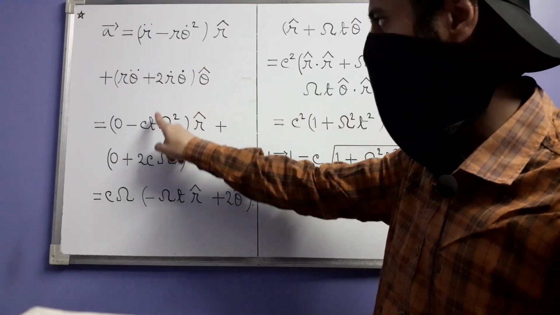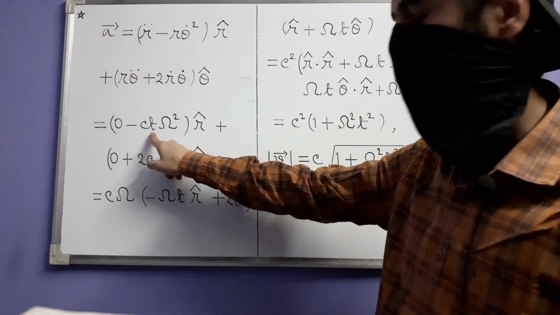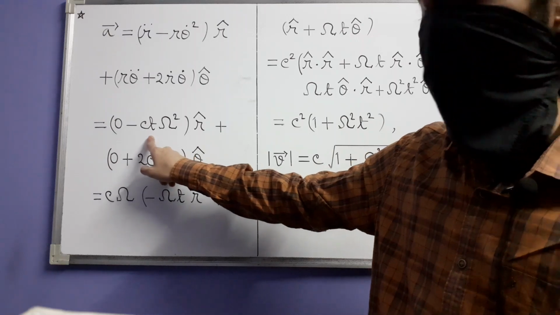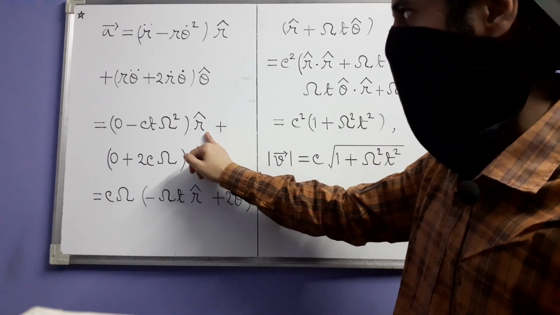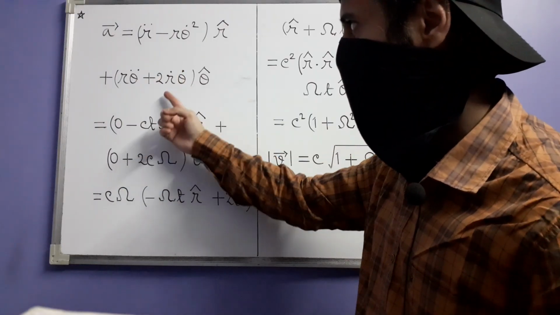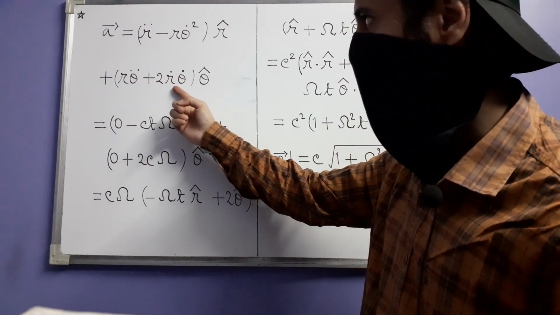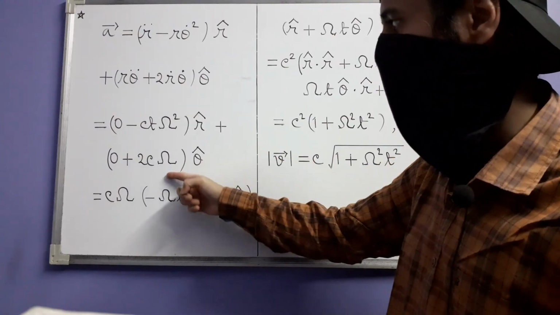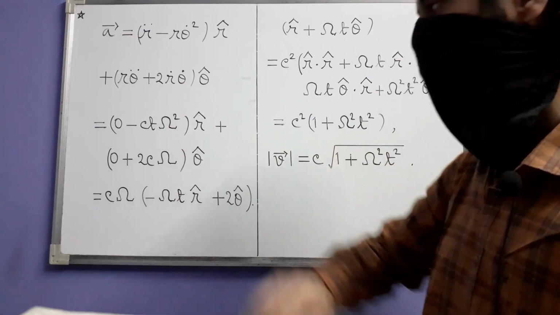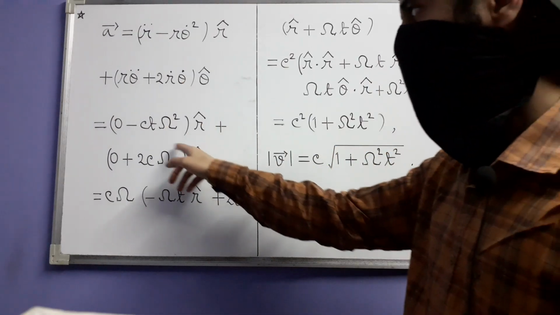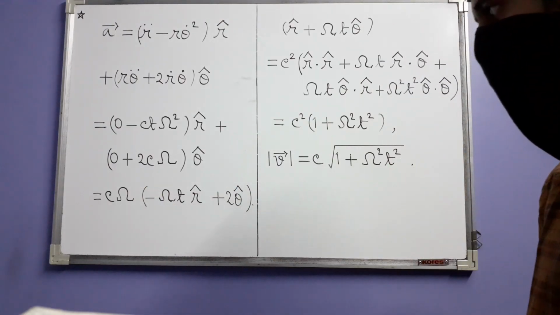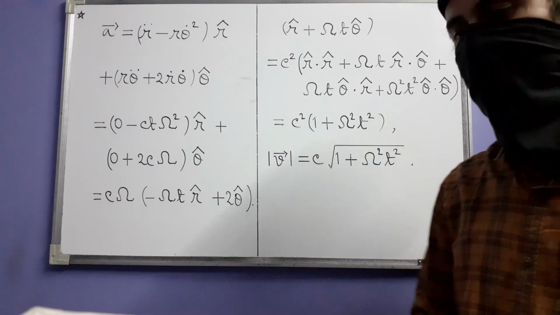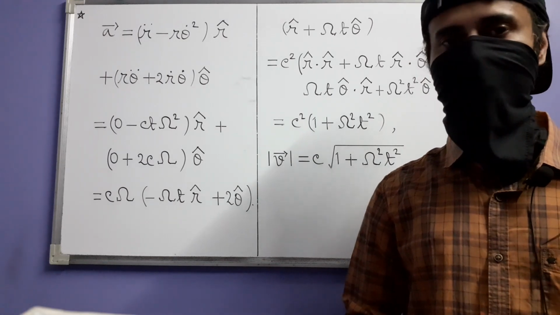So here you have, I have put what r is, ct times omega square, r hat. This term is 0, and here r dot is c and theta dot is omega. And then you can take c omega common out. So this is your acceleration. So that's the example, and let me just end the video here itself.